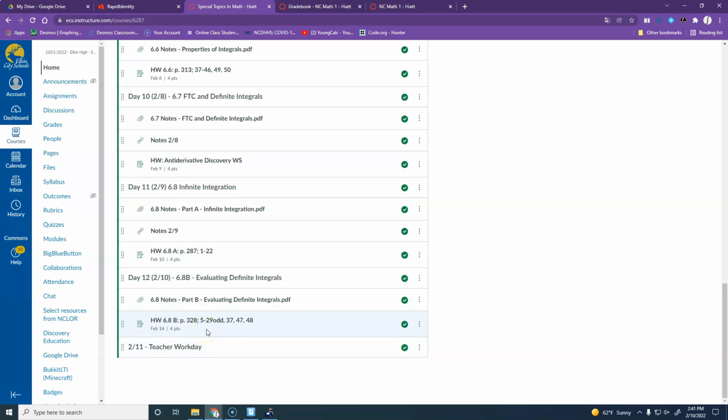It's page 328, 5 through 29 odd, 37, 47, and 48. You have 30 minutes, so you should be able to get a good chunk of that, if not all of it done, before you go.